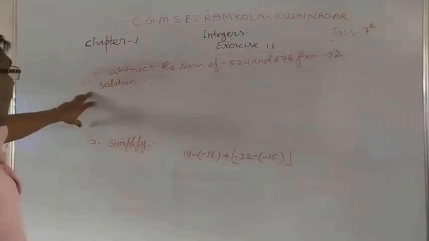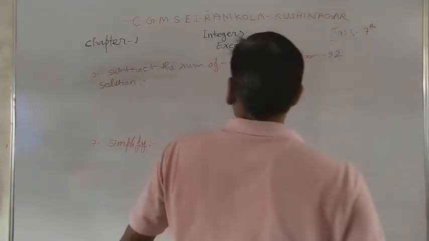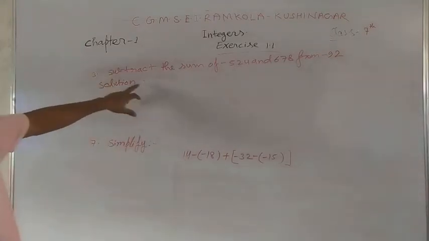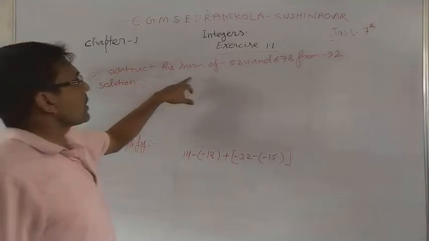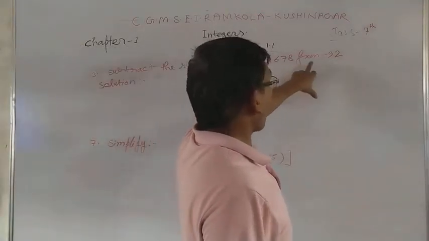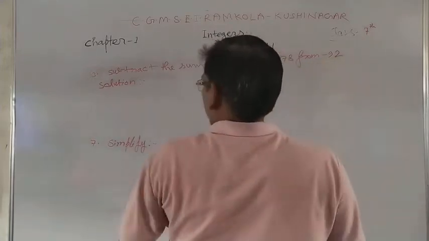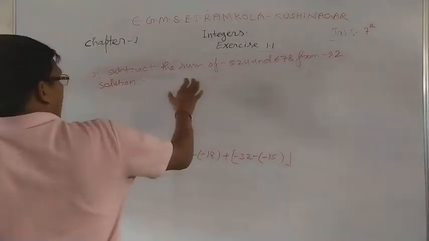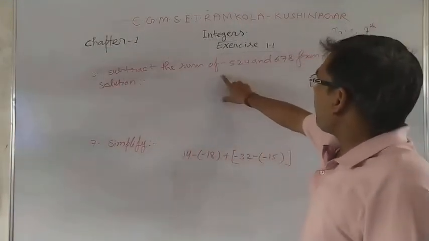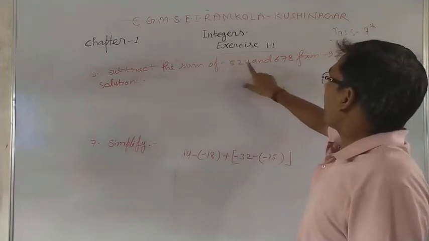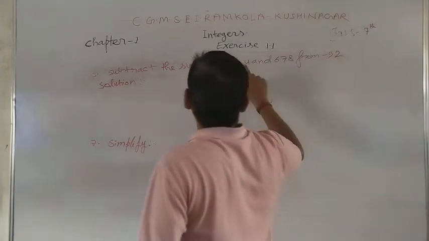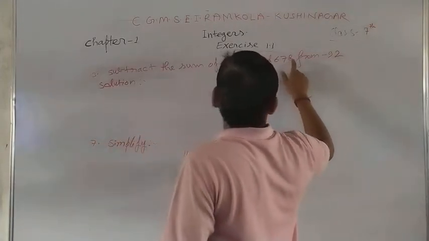And after these two questions, we will go to question number 3. Here in question number 3: subtract the sum of minus 524 and 678 from minus 92. First of all, we closely observe the question. The sum of minus 524 and 678 means the addition of minus 524 and 678.